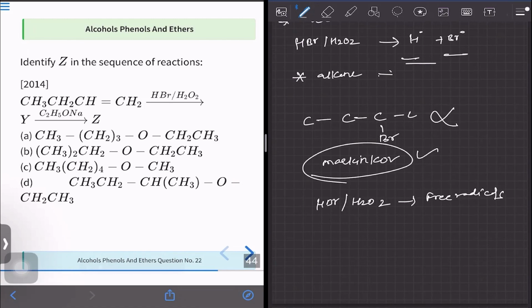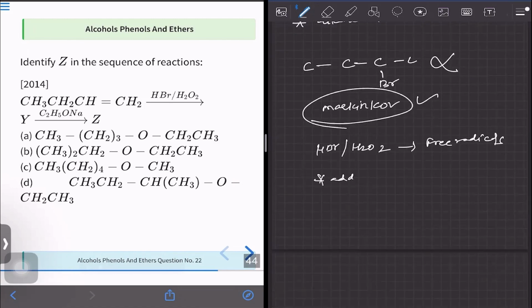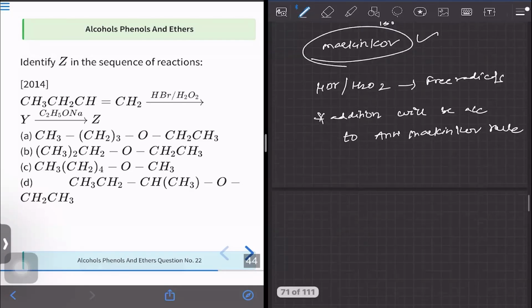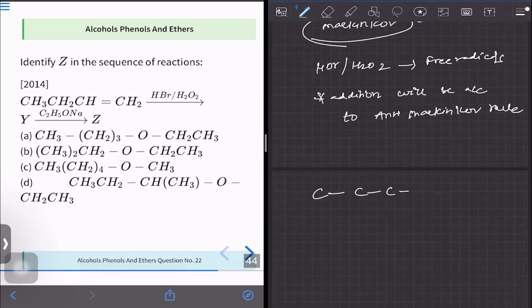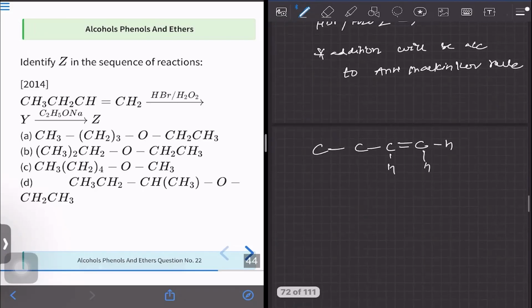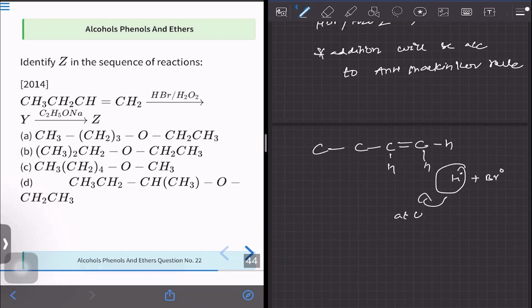So the addition will be according to anti-Markovnikov rule. C double bond at first position: it has 1 hydrogen on one carbon and 2 hydrogens on the other. We know that H free radical and Br free radical, where H should react at the place which has less hydrogen.